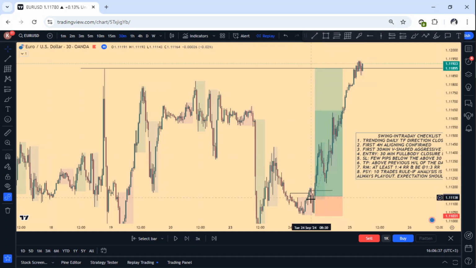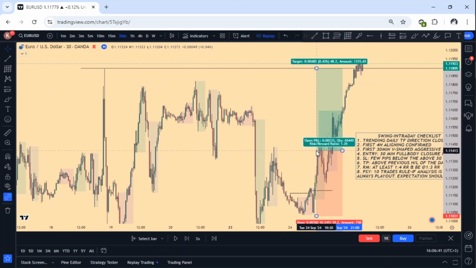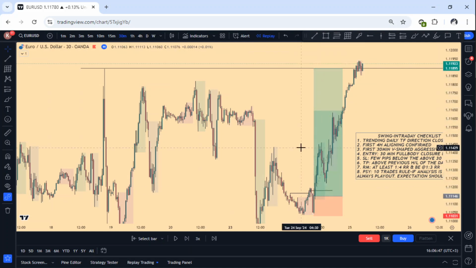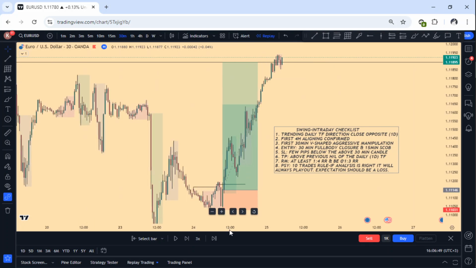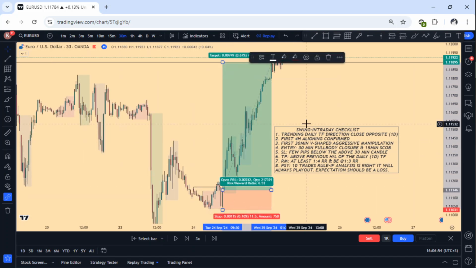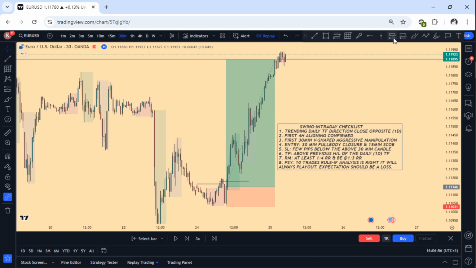Ideally how I would manage this trade is I would be bringing stop loss very close as it's going. This is the first area of pullback you should be expecting. Immediately 4 hours closes, we are expecting a pullback. Unless you wanted to get a re-entry, this is how you get a re-entry. When this 4 hours closes, you expect another manipulation.